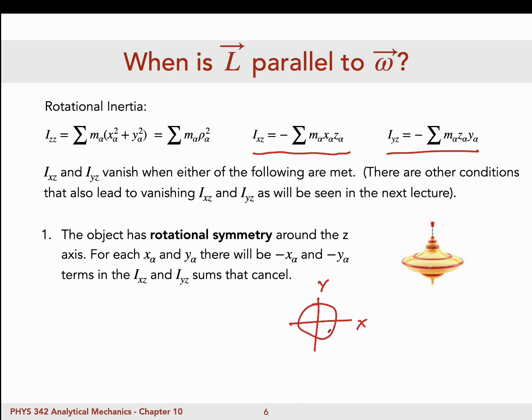If you've got a mass element here with, say, an X component and a Y component like that, and that mass element has an equal mass element on the opposite side, with a negative X and a negative Y value, then the contributions of these two mass elements will cancel out in each of those terms. Whenever you have rotational symmetry, you'll get pairs of mass elements that always cancel out.